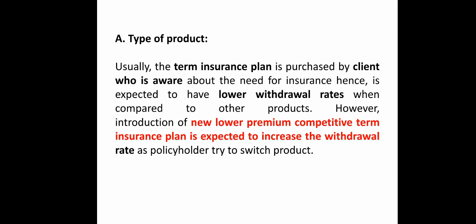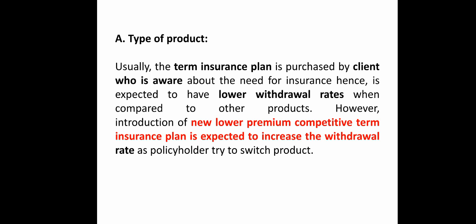Next, we'll start with the various factors. The first factor which affects your withdrawal rate is the type of product. The first example that we are going to understand is a term plan. A term plan is a plan which is mainly covering risk related to a client, and this product is mainly purchased by people who are skilled in terms of financial awareness. So everyone is not used to picking up this product.